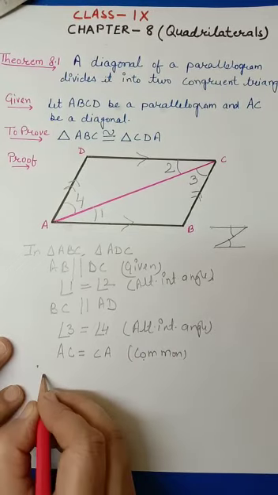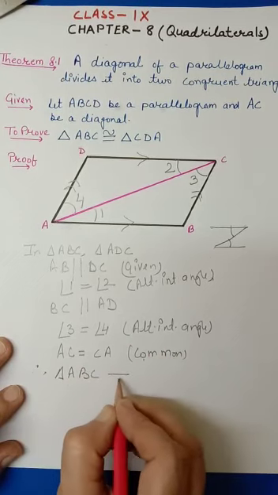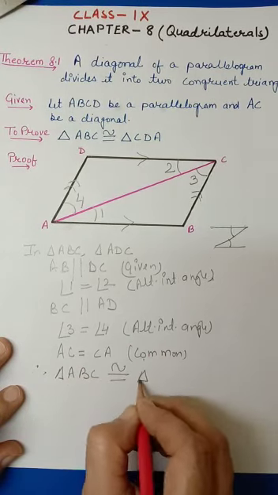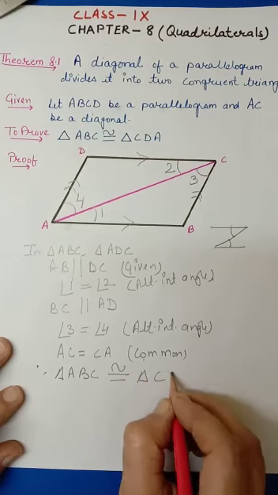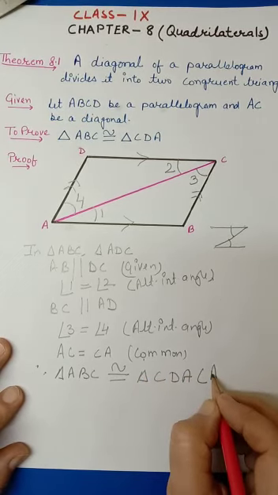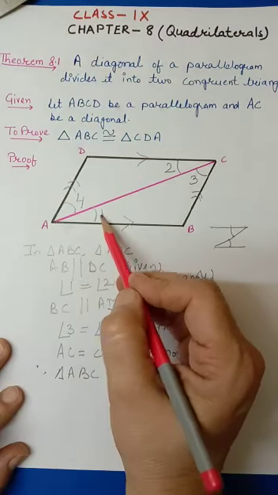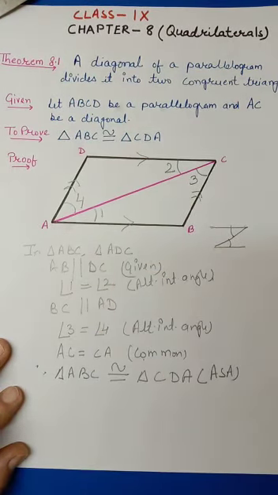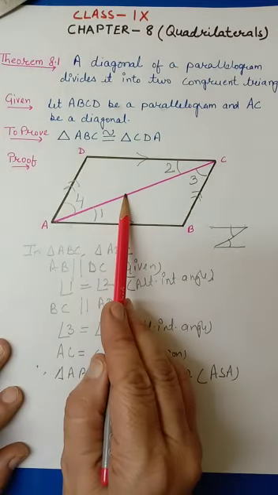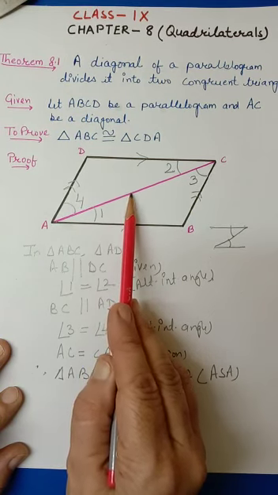Therefore triangle ABC is congruent to triangle CDA. By which property? Due to angle side angle rule. How? Angle 1 is equal to angle 2, angle 3 is equal to angle 4, and one side is common, that is included between these two angles.